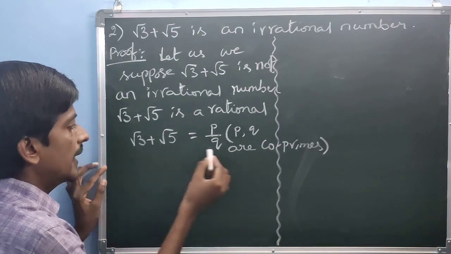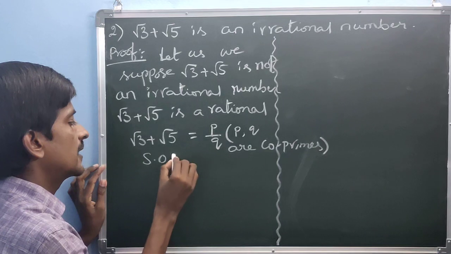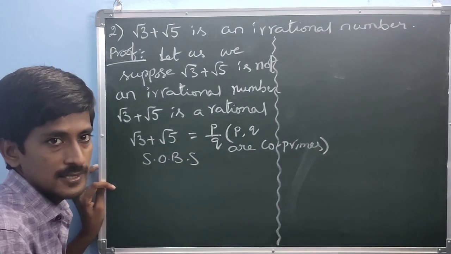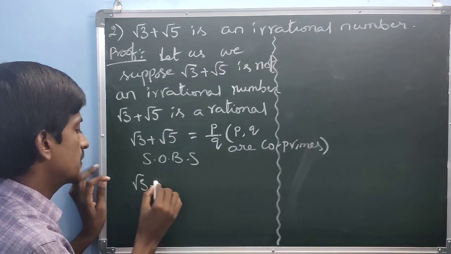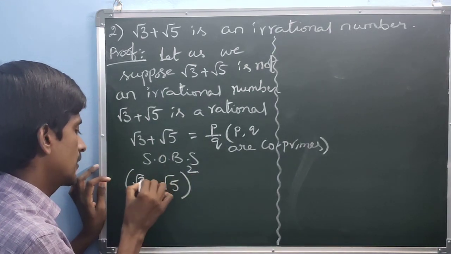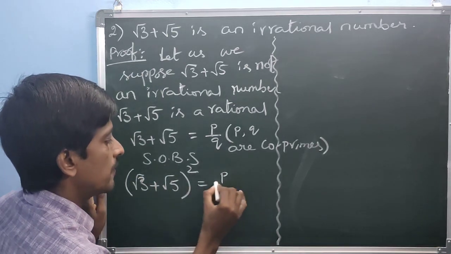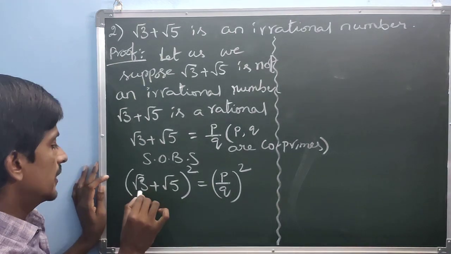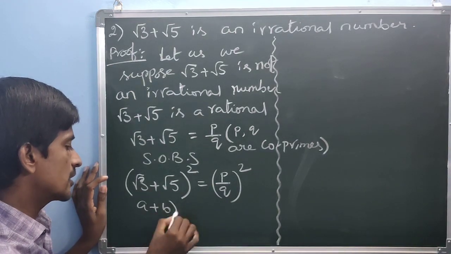Here, squaring on both sides: root 3 plus root 5 whole square equals P by Q whole square. It is in the form of A plus B whole square.